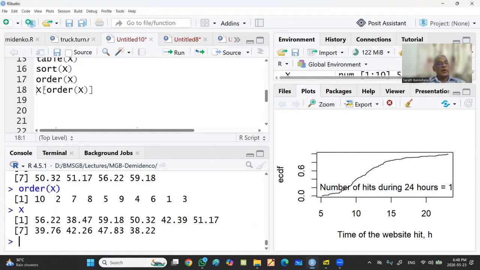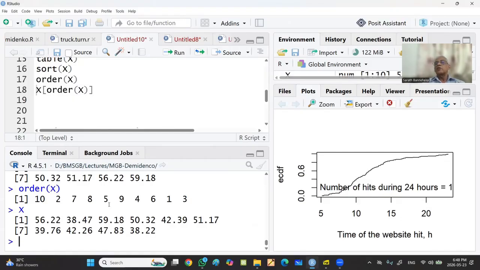So if I type now x within square bracket order x, what it gives you is x within bracket this sequence of this vector. So that will give you x 10th value, x 2nd value, x 7th value, x 8th value, x 5th value, and so on.